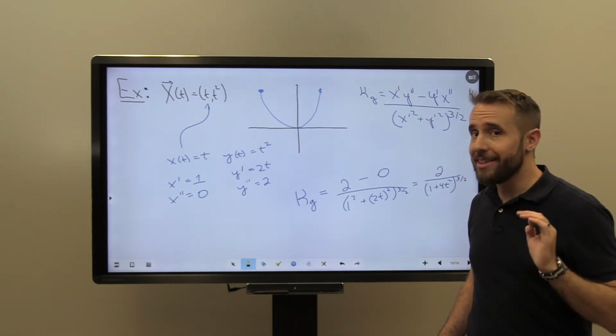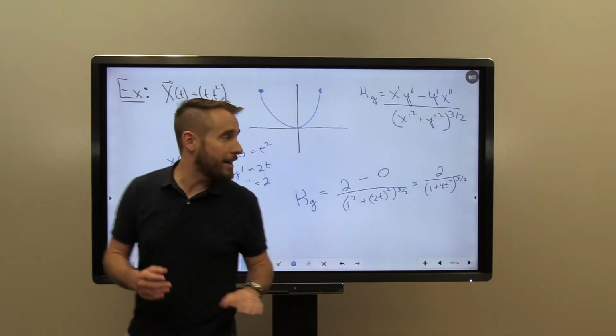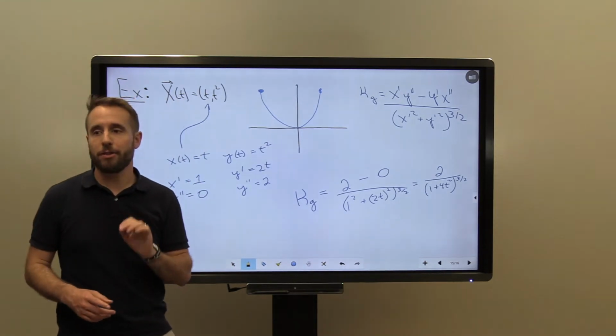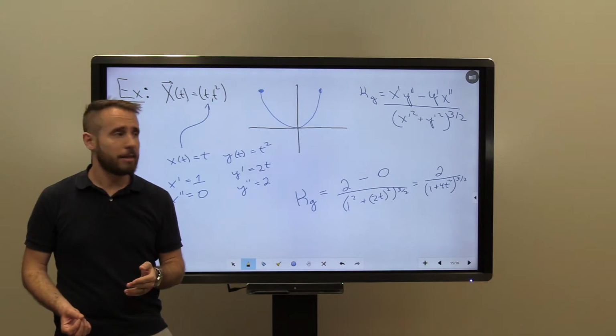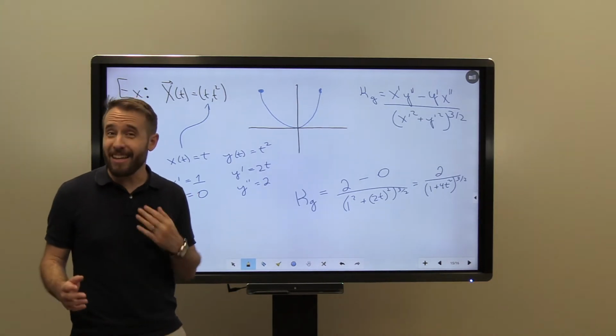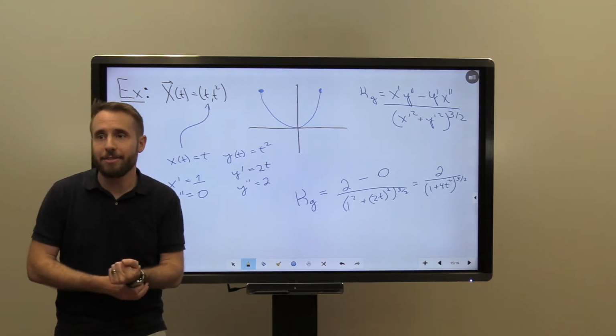And in particular, even though this is a complicated expression, we can still see where the curvature achieves its maximum. It'll happen at t equals 0, because any other value of t will only increase the denominator, which will in turn shrink the entire size of the fraction.